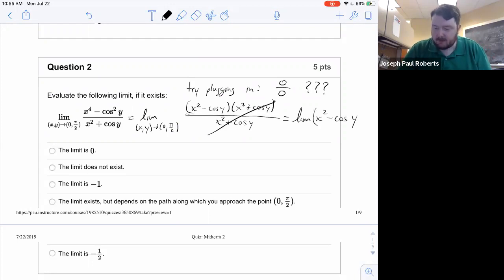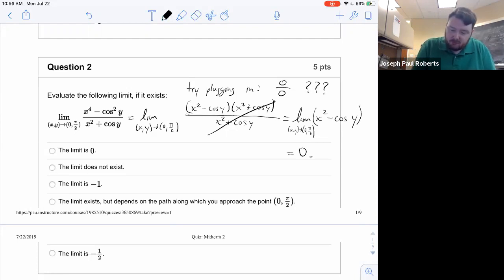Then we can plug in 0, pi over 2 to get 0. It's just like something you would have had in Calc 1, like the limit as x goes to 0 of x squared over x, right? You could cancel out a factor of x to get something that actually makes sense. And so, yeah, looks like the limit is 0.